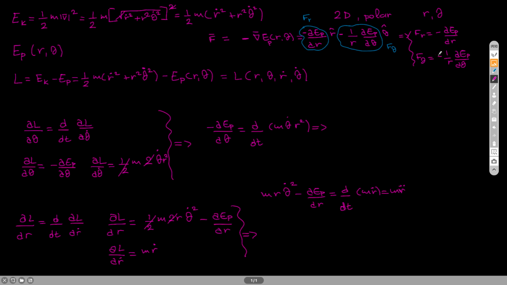I'm going to use these two equations here to move on. I can see on the left side of this result, I have minus the partial of EP with respect to theta. And minus the partial of EP with respect to theta is simply r times the theta component of the force.